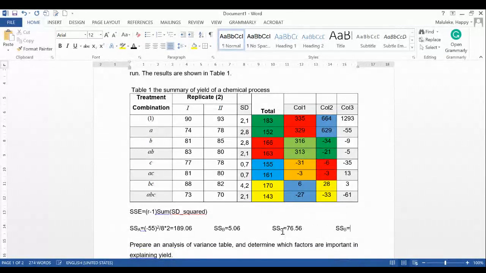Yeah. And what else? So finding this one's, oh, this value is for C or is for AB? It's for C. Oh, okay. For AB.